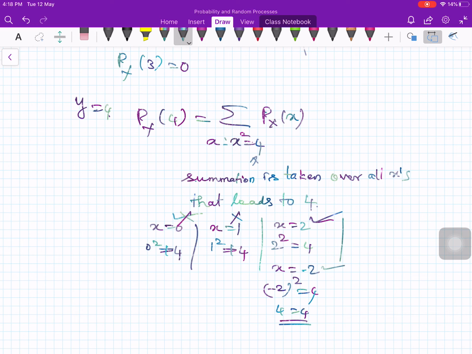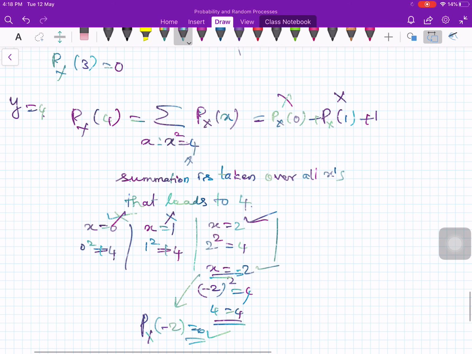But if you look at the probability mass function at x equal to minus 2, the probability is 0. Px of minus 2 equals 0, therefore don't consider this. Otherwise you need to consider both the positive and negative values, x equal to minus 2 and plus 2. So Px of 0 don't consider, plus Px of 1 don't consider, plus Px of 2 consider, plus Px of 3 don't consider.